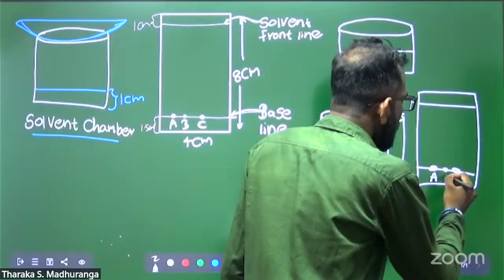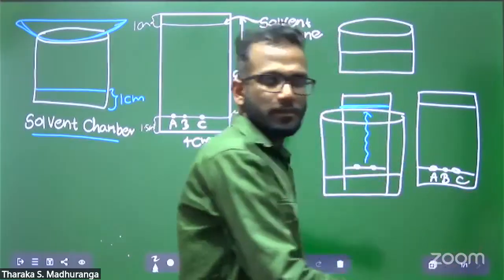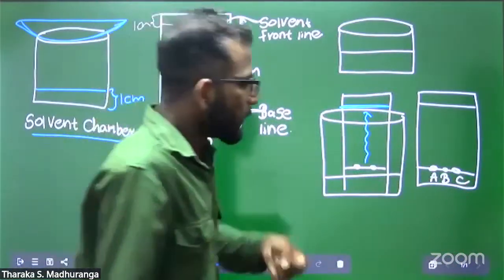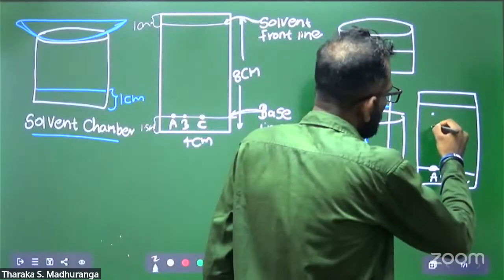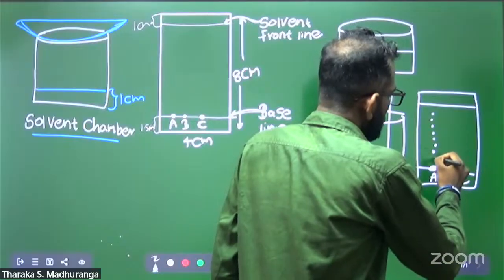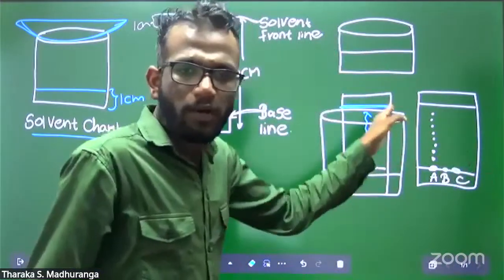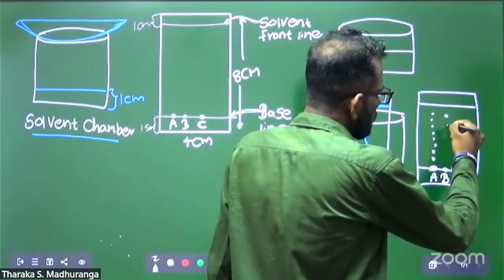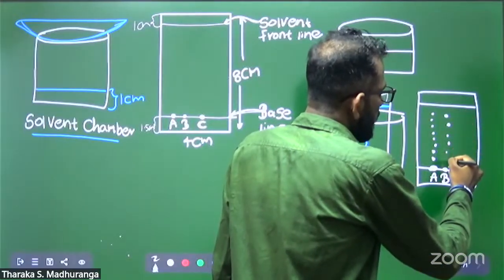A and B are crude products, and you can see more compounds, because they have a lot of impurity.